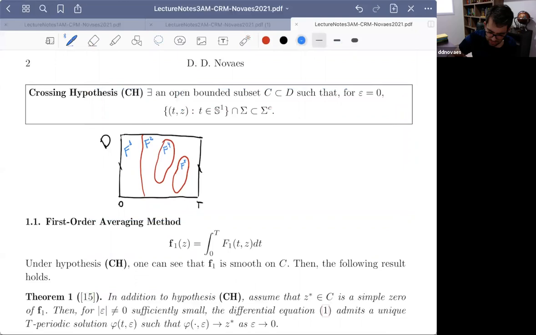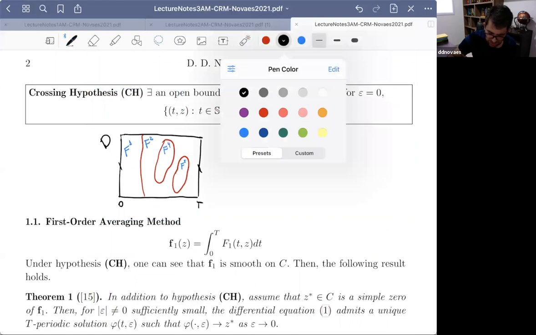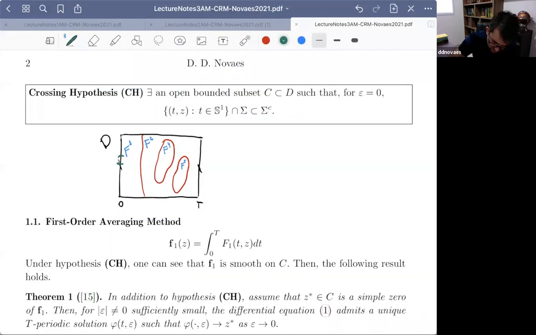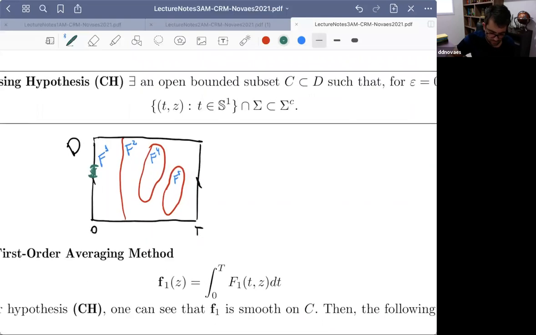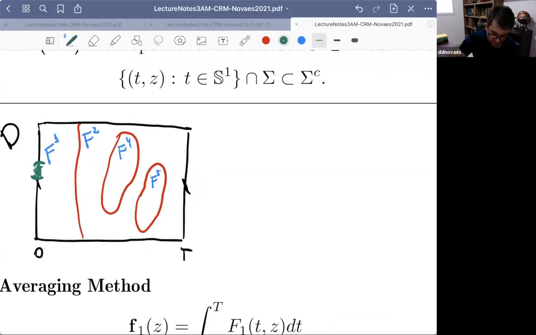So I am assuming that there exists a region C here, where the intersections of the constant curves with the discontinuity set, at this point and this point, happen only at the crossing region. So here I'm assuming that all these points are crossing region for the unperturbed system.